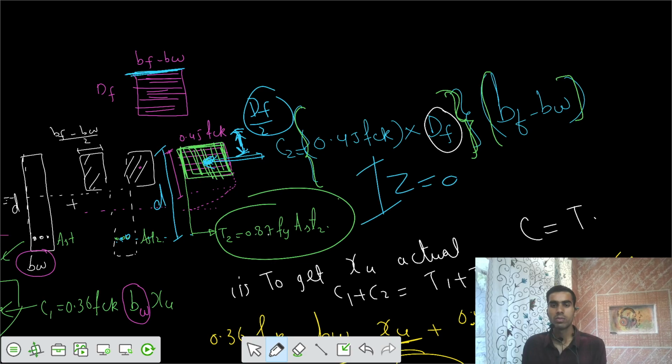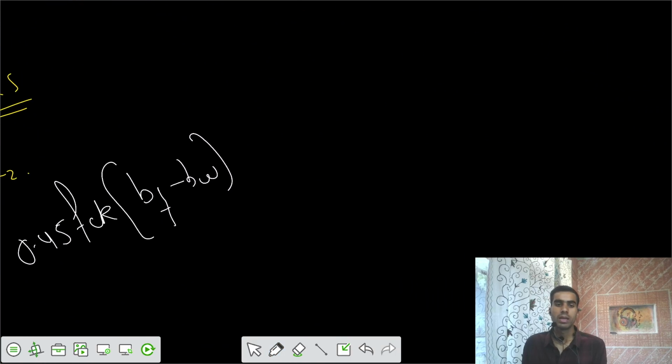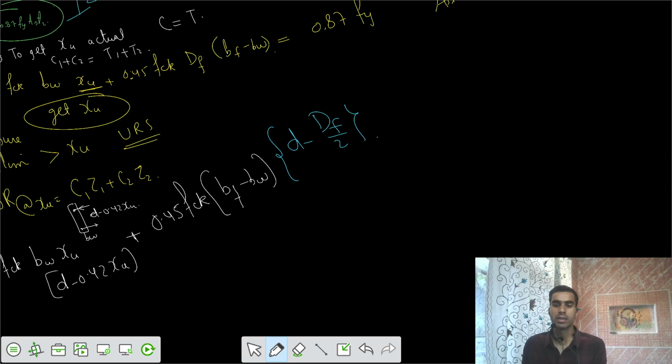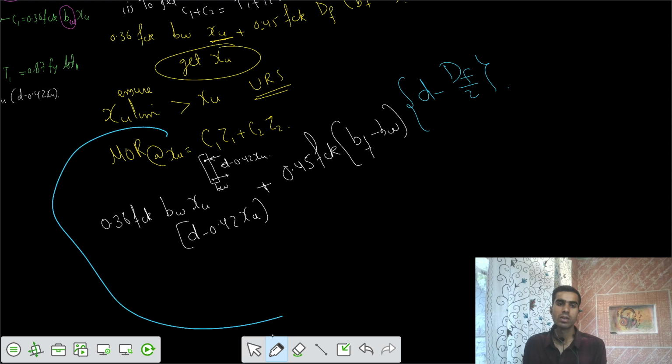Is it d minus DF by 2? So I can write this lever arm as d minus DF by 2. So this is our second case of the problem, and this is our moment of resistance.